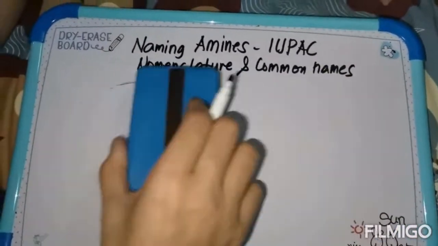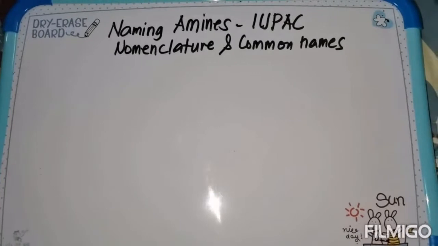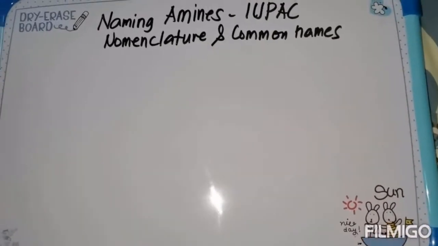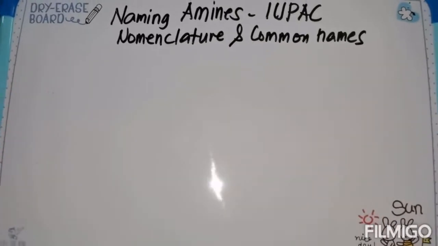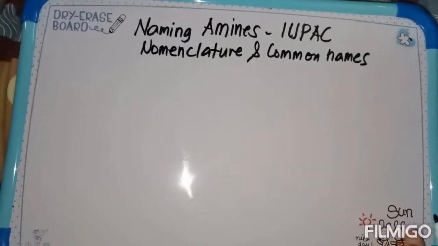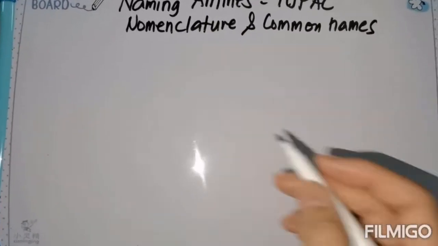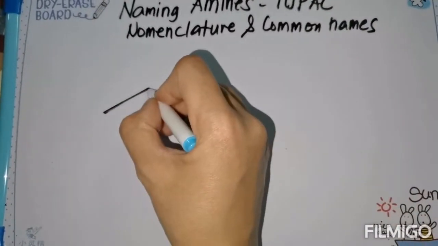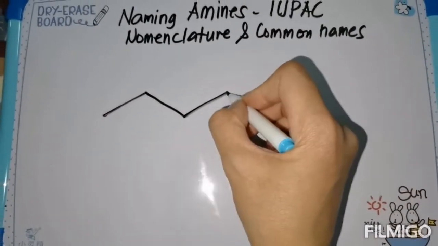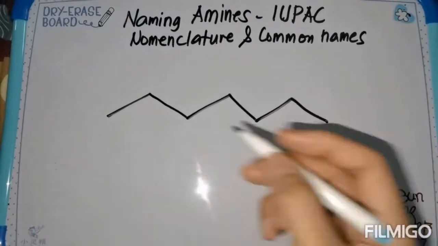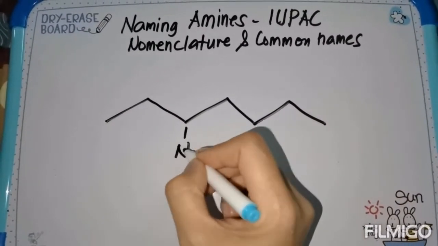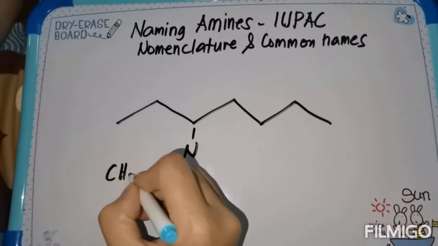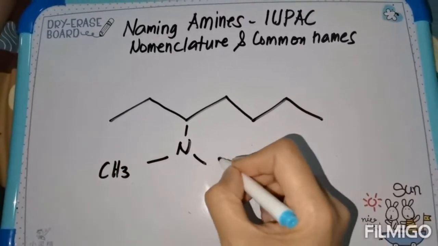Okay, let's move on to some examples. What if you have a long carbon chain of amine? For example, I have like this: 1, 2, 3, 4, 5, 6, 7. And here I have a nitrogen attached to a methyl and an ethyl.